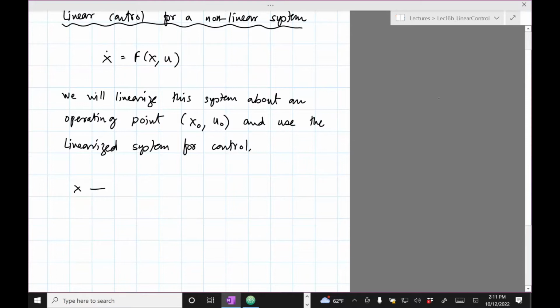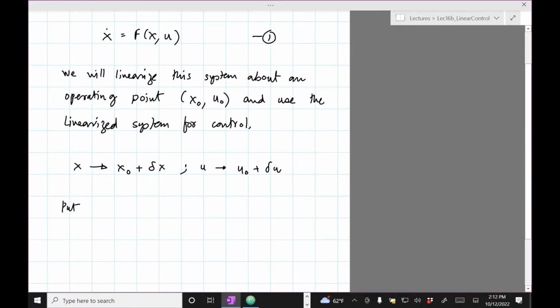So what it means is we'll assume x as x0 plus delta x and u as u0 plus delta u, where I'll explicitly put the operating point there. And then we'll pass this through the equation.